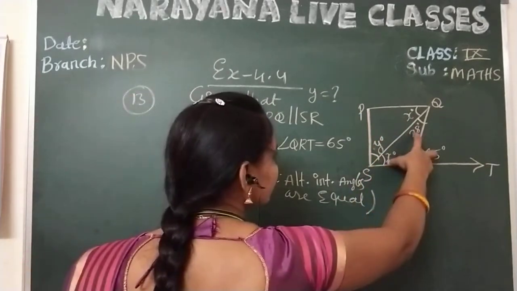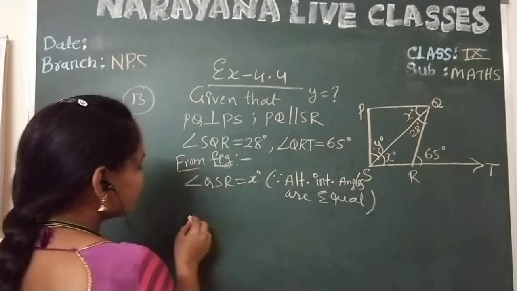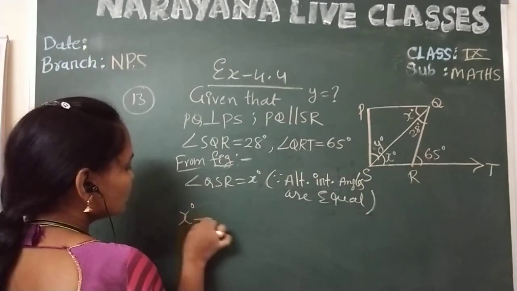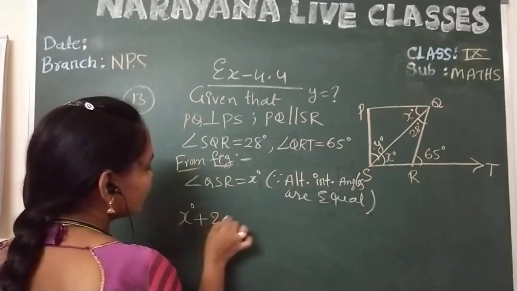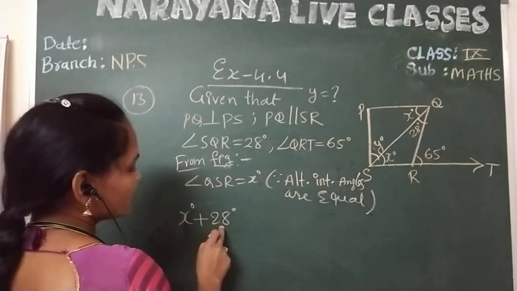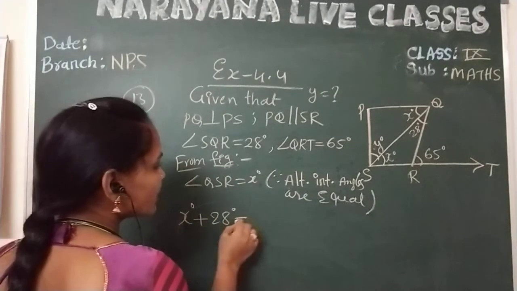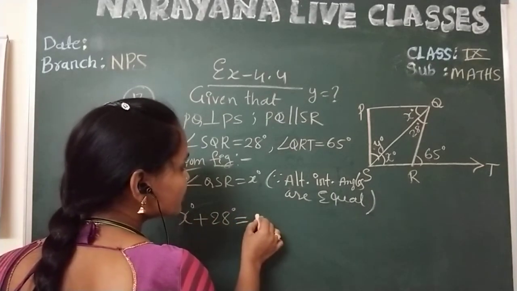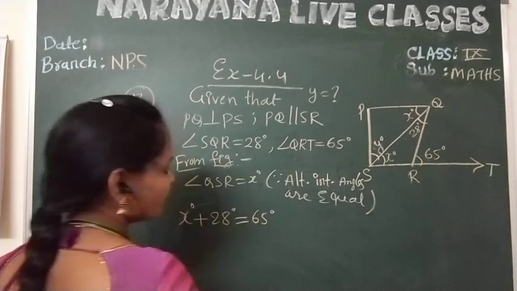And here, the sum of two interior angles. What are the two interior angles? x degrees plus 28 degrees. The sum of two opposite interior angles is equal to the exterior angle, that is 65 degrees.